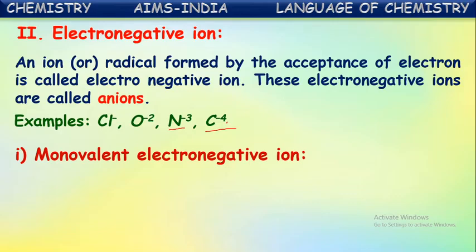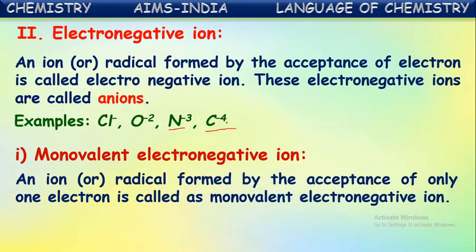One of them is monovalent electronegative ions. That means the ions formed by the acceptance of only one electron are called monovalent electronegative ions.